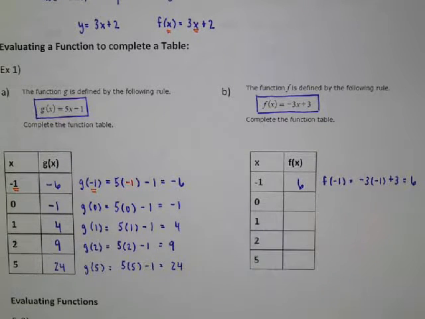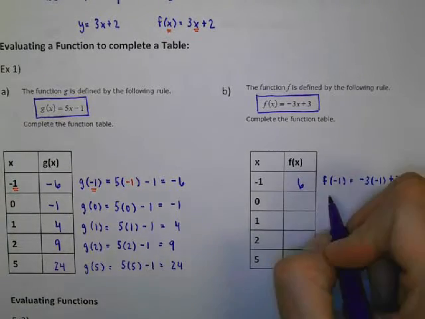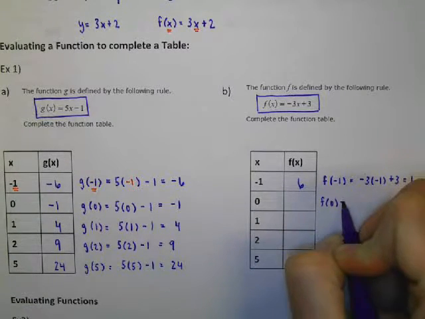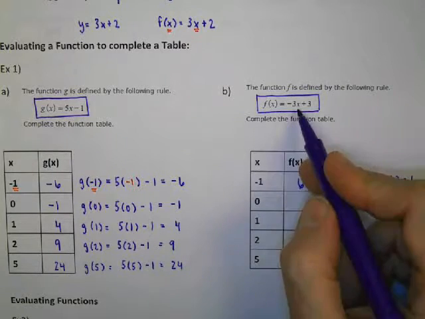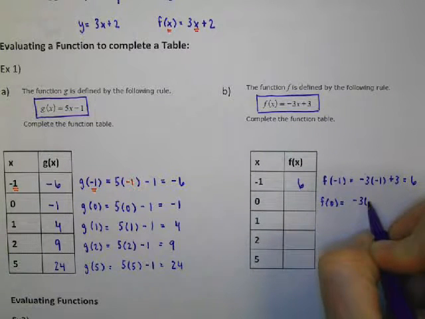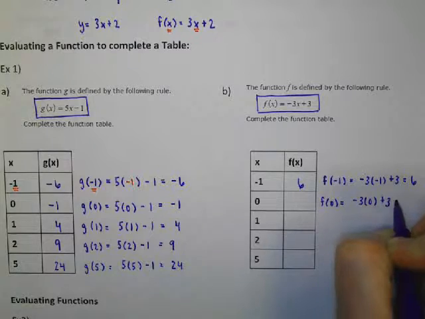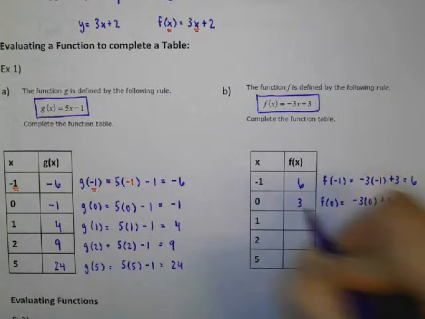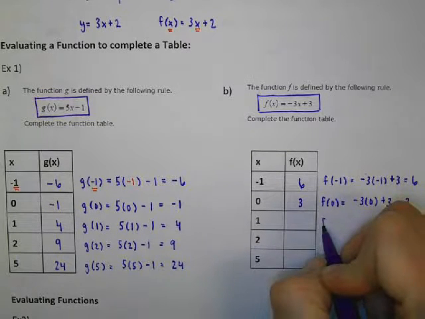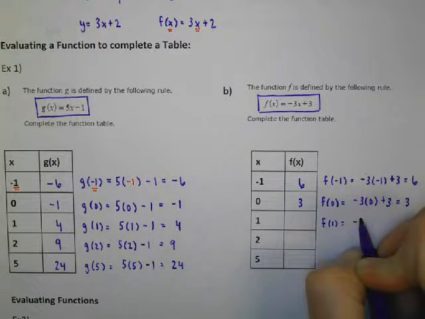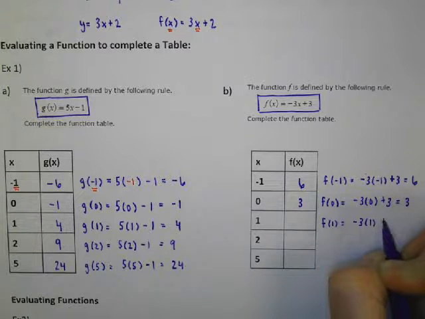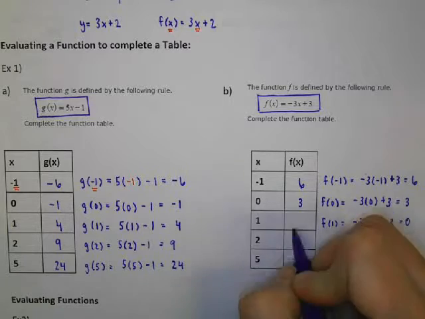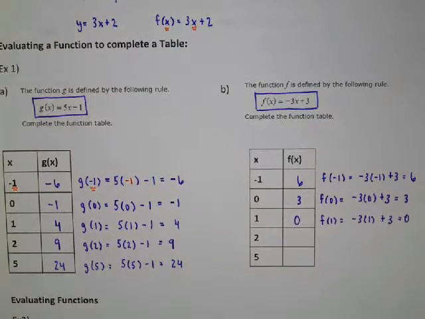Okay, I'm just going to do 2 more values in the table and then we'll move on. So for 0, if I want to find f of 0, it means now plug in 0 wherever I have x. So negative 3 times 0 plus 3. This is just 0, so 0 plus 3 gives me 3. And the last one we'll do is f of 1 is negative 3 times 1 plus 3. So I have a negative 3 plus 3 is going to give me 0.